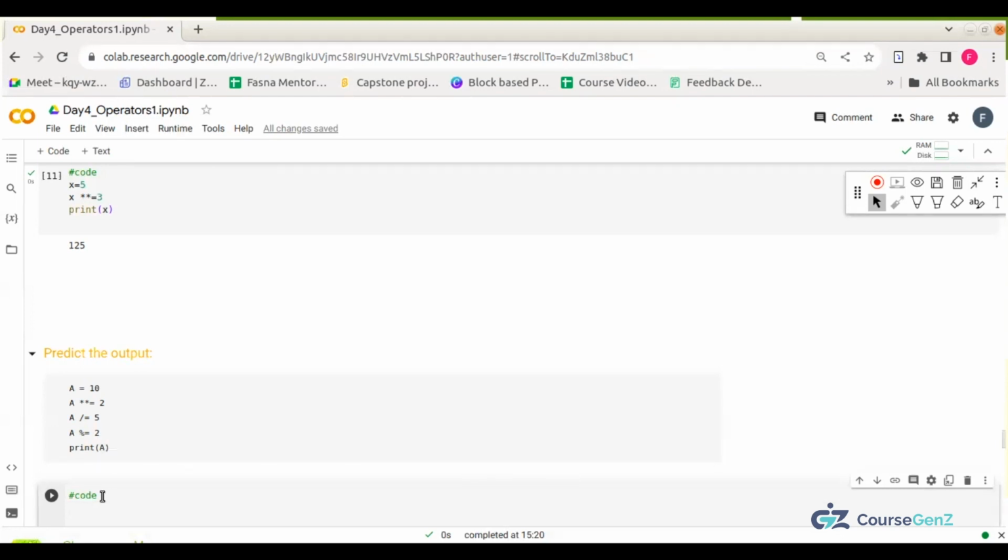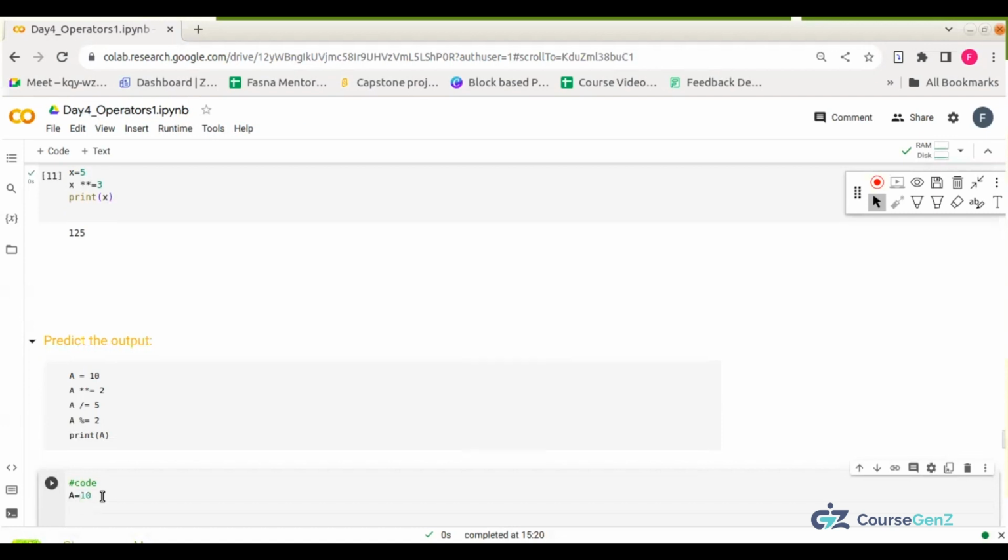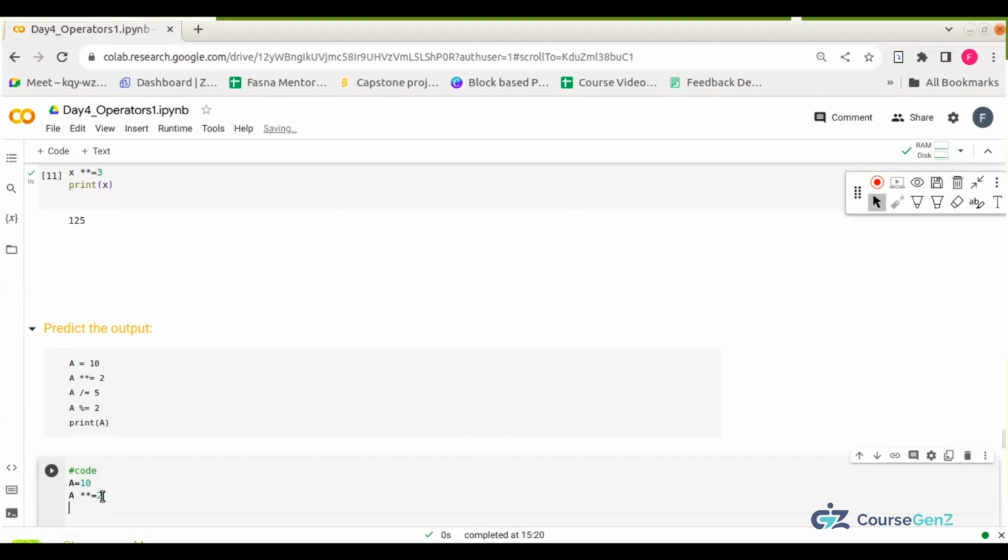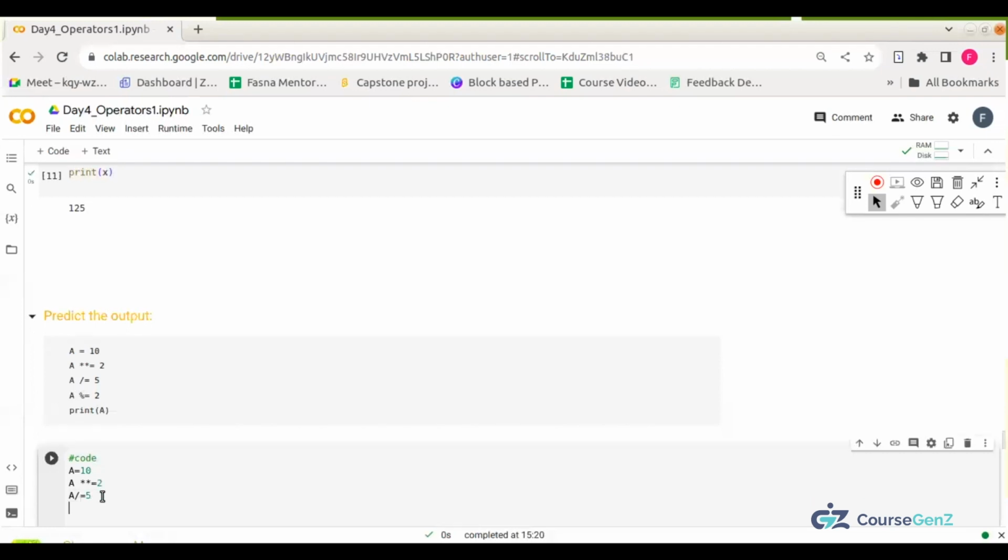Okay. If you are telling the value, let's try. A is equal to 10. A star star equal to 2. Then A divided by equal to 5.